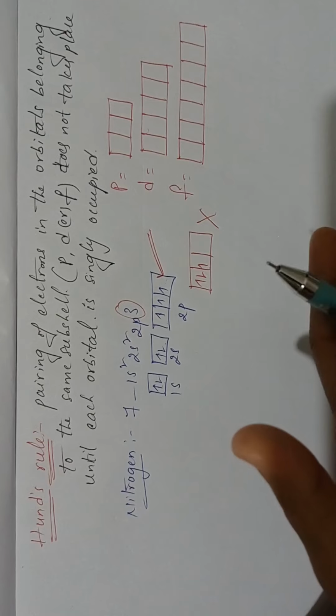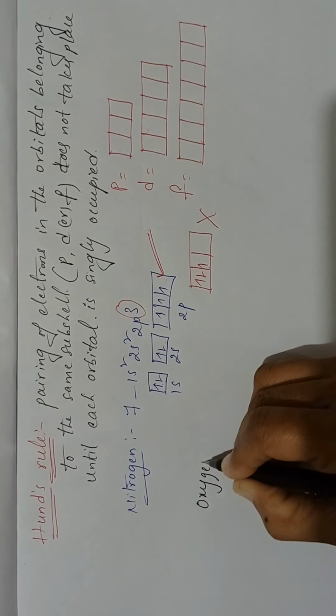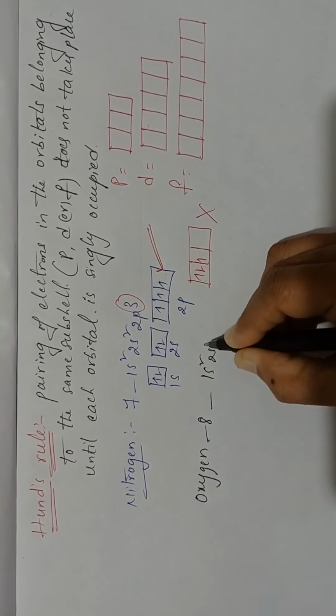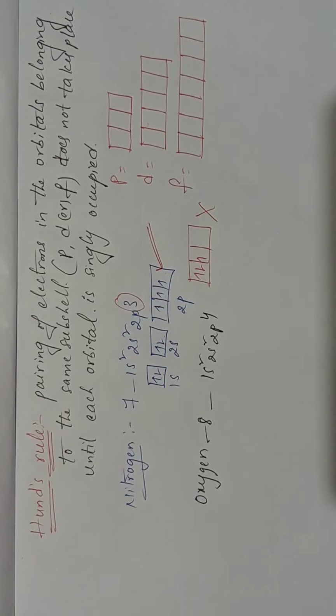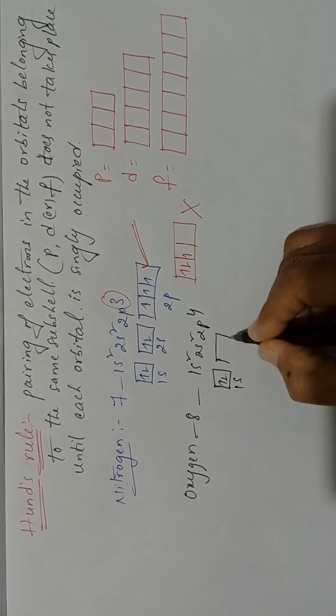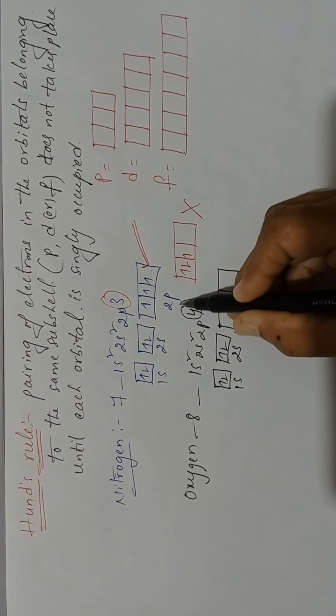Now I am taking one more example, students. Another example, oxygen. What is the atomic number of oxygen? 8. 1s2, 2s2, 2p4. Correct? In 1s, 2 electrons; in 2s, 2 electrons; and in 2p4. 2p means how many orbitals? 3 orbitals. Here 4 electrons are there.